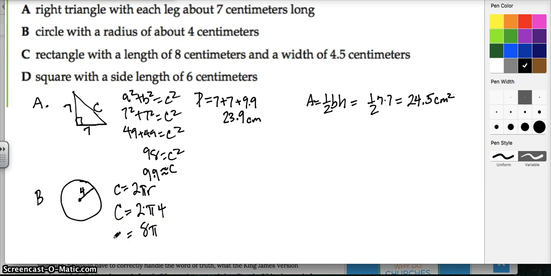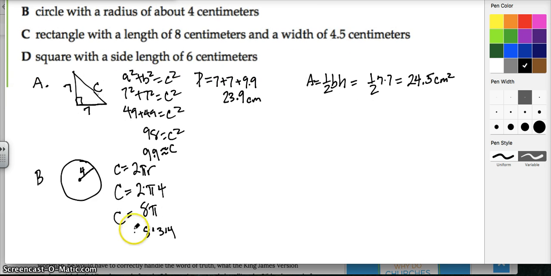If we use 3.14 as our value for pi, we could approximate the circumference to be about 25.1 centimeters. And so now we see that we have a greater usage of the 26 centimeter cording.